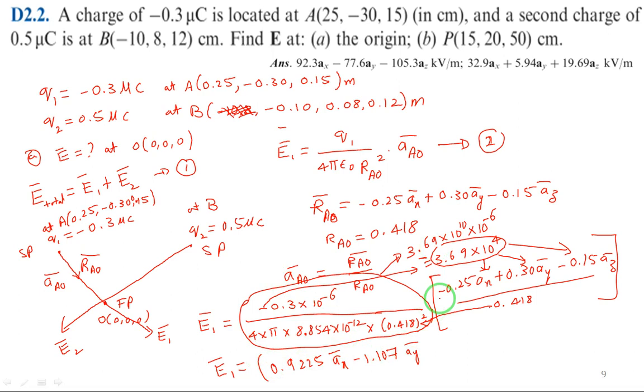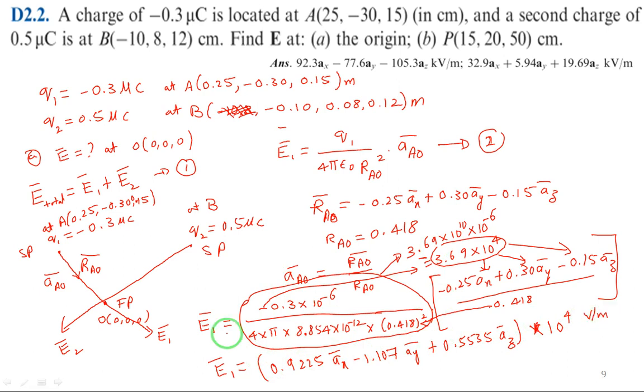Then minus 0.369 is multiplied with minus 0.15. So what I am getting, I am writing here plus 0.5535 az. 10 power 4 I have left, I will write it here, 10 power 4 volt per meter. This is only E1.